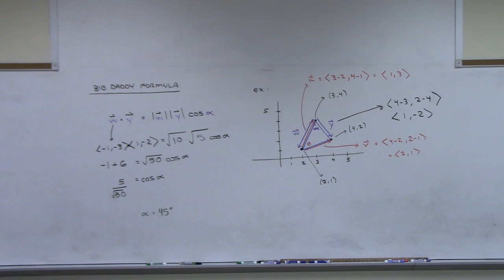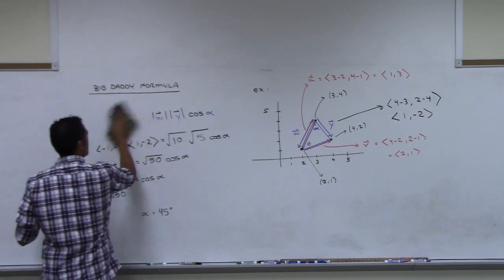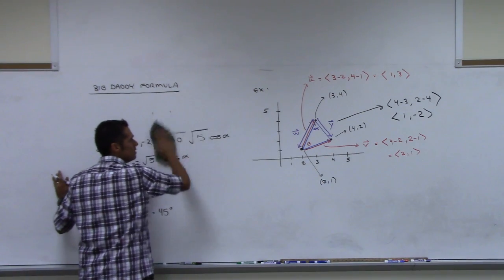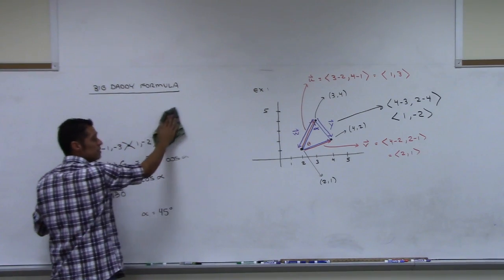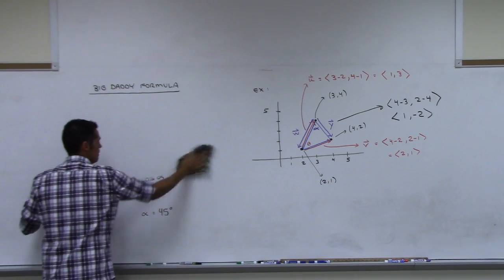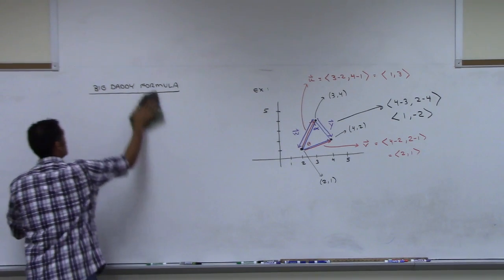All right, we have about 15 minutes, and now I can give you what I think is the most important property of the dot product, all right? This is all cute, and it's a nice way to work with triangles, especially in three-dimensional space.